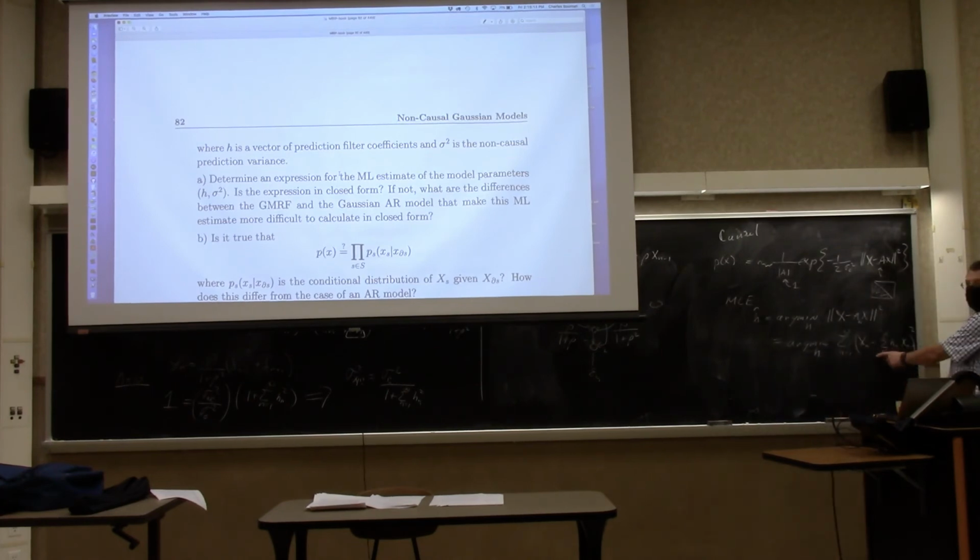So in other words, it's just the causal prediction error. You can solve the minimum mean square error causal prediction problem. It's the least squares fitting problem, okay?